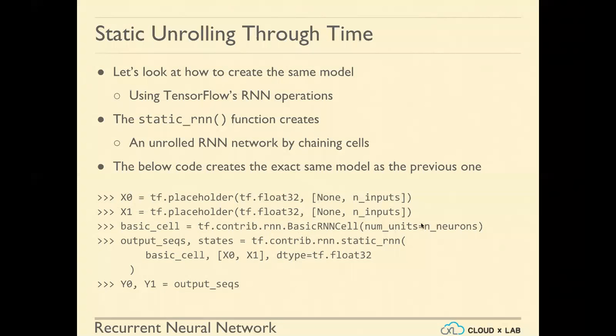Basic RNN cell takes an argument, how many neurons do you want, and we're going to make an RNN out of it. So this is one basic cell which has a number of neurons, and internally does the matrix multiplication and has the weights in it.